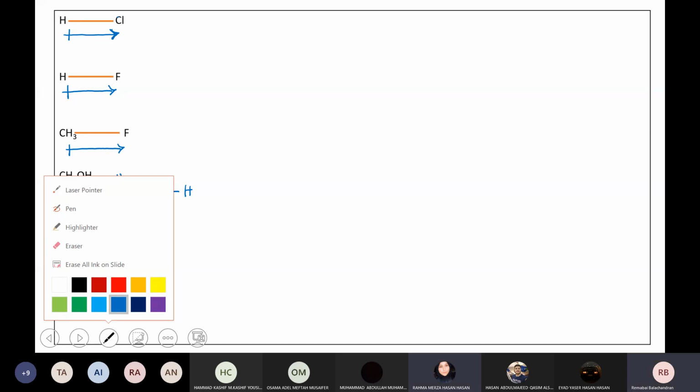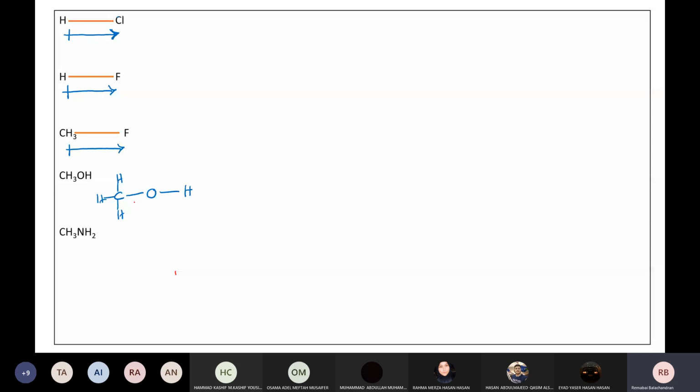So it goes closer to this one. Now, between O and H, which is more electronegative? O, so it goes this way. I hope you understood. That means electrons are going close to oxygen from both sides.